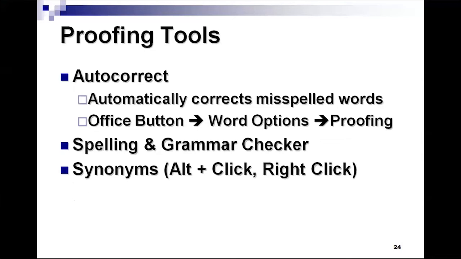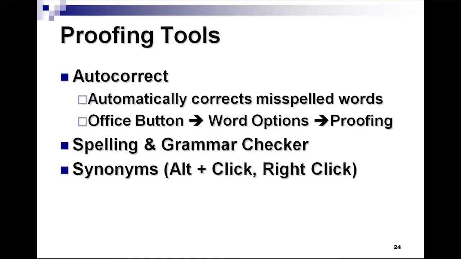So you need to create a document with several pages and some text. Before you submit that assignment or report, you need to check for errors. That we call proofreading.